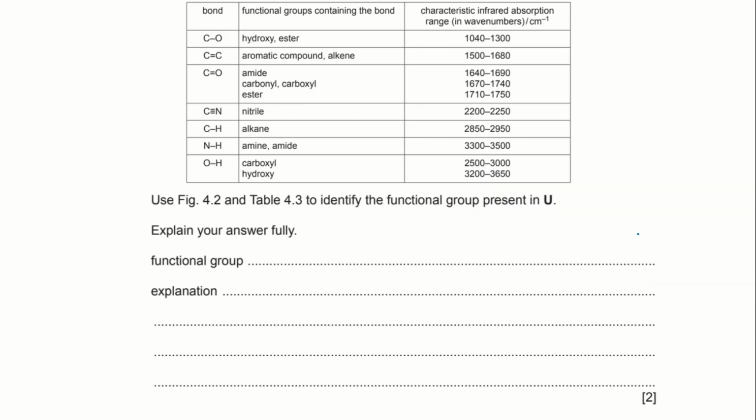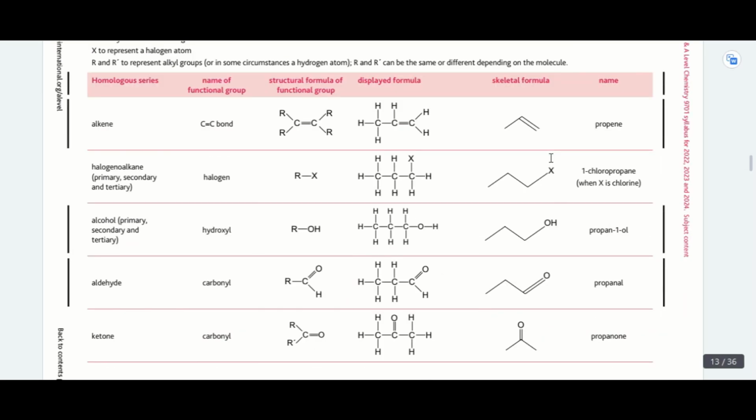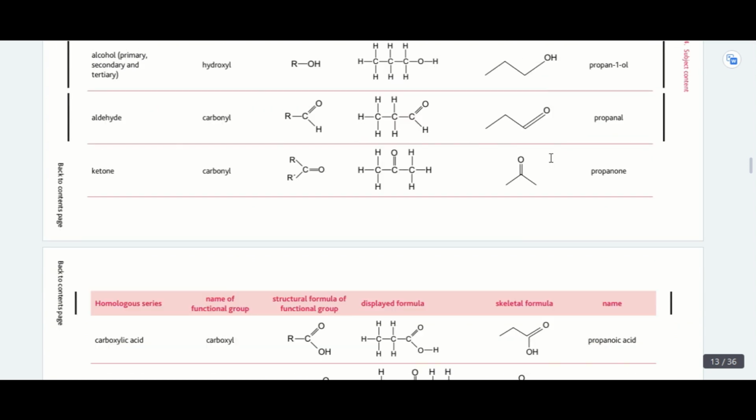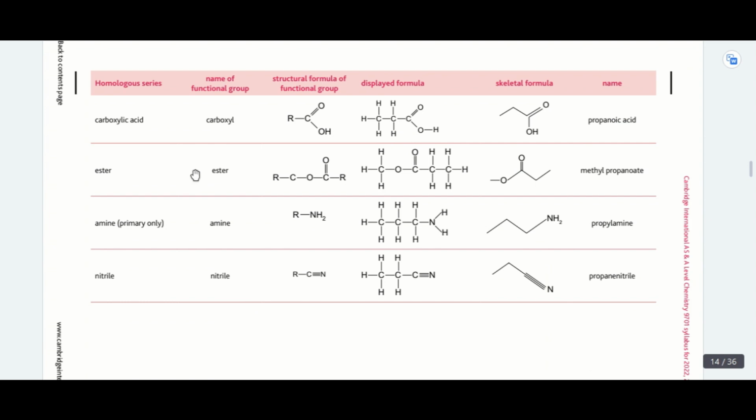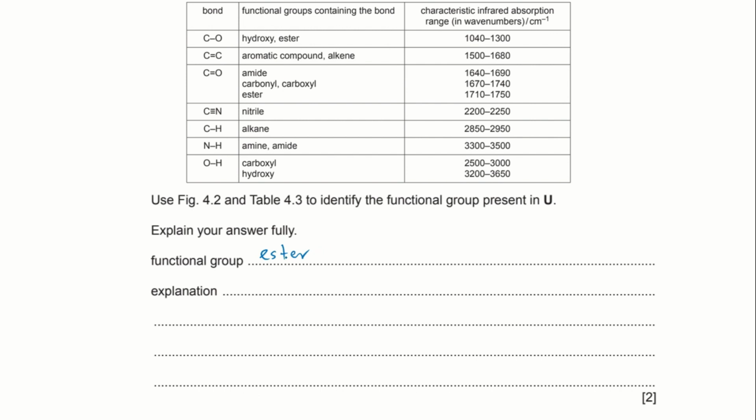Now that we know U is an ester, we'll be able to answer this part of the question. So the functional group of ester is also called ester. Now you can refer to the syllabus content. There is a table for the name of all functional groups for all homologous series. So for ester, it is still called an ester. So the name here is written this way.